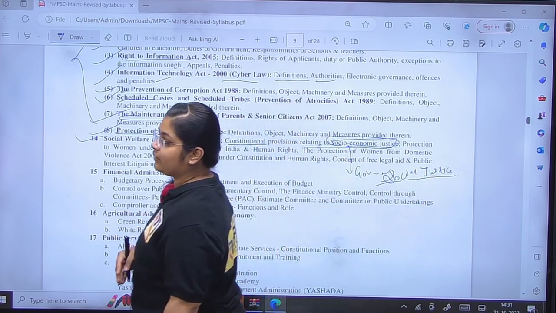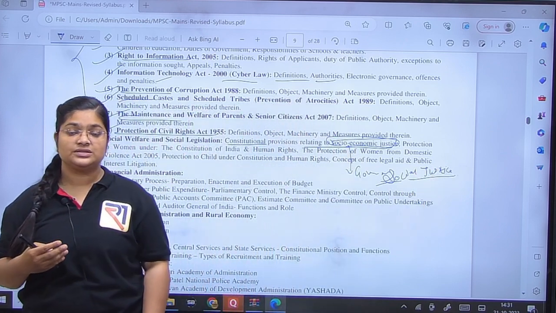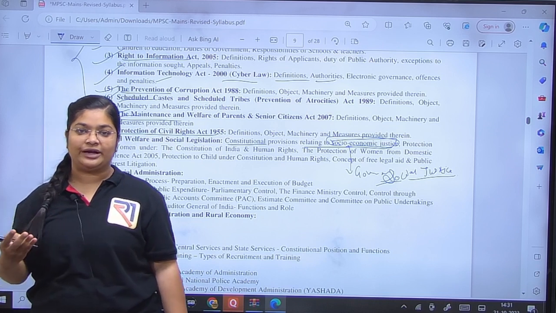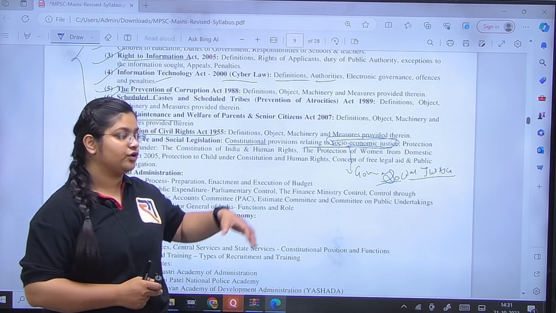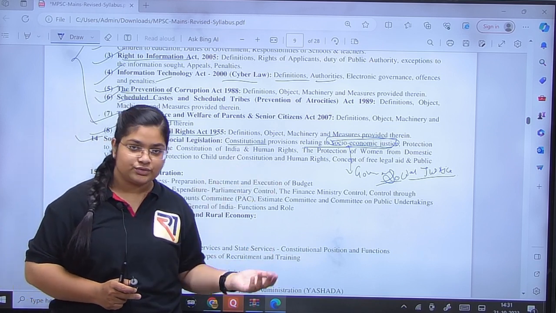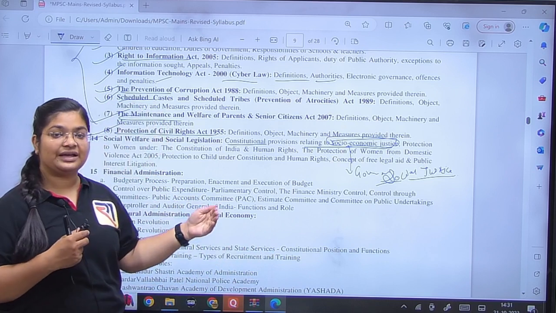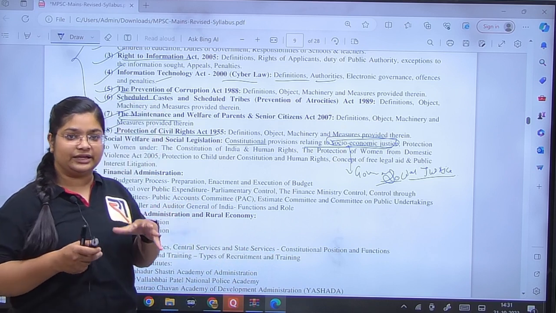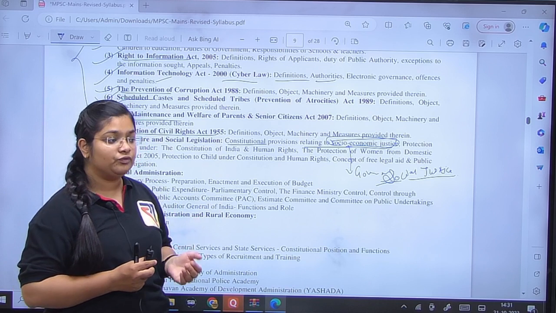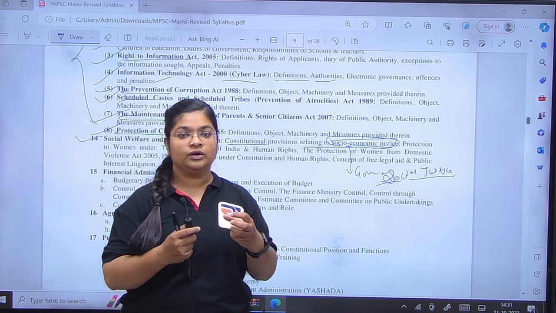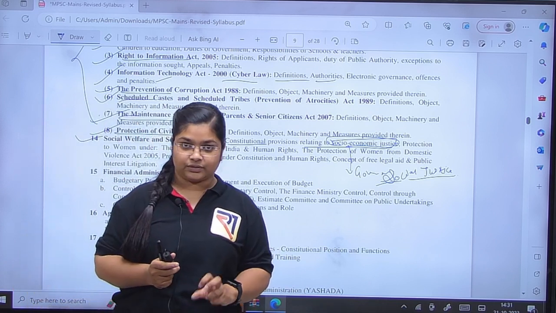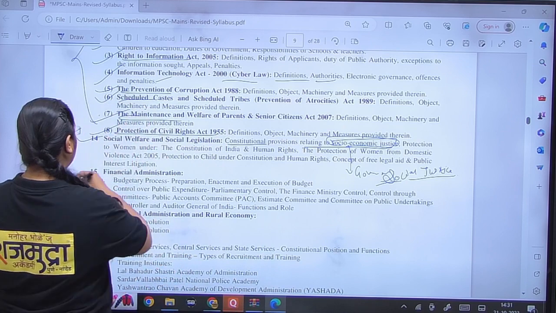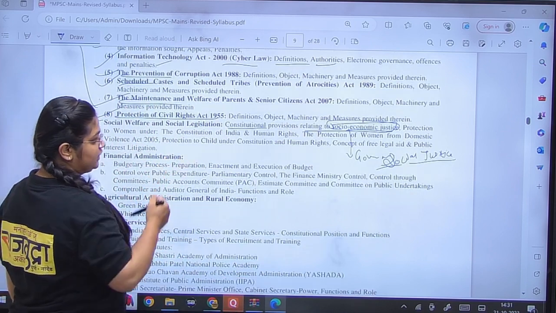Everything we are working on is for what matter? For social justice, for equality in our society, to bridge the gap between the poor and the rich, and between one who is superior and one who treats others as inferior. Social welfare and social legislation.